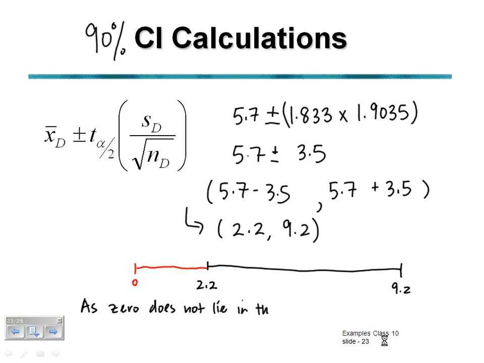So further to our rejection of the null hypothesis, we now have a confidence interval of values that that difference in mean blood pressure could be.